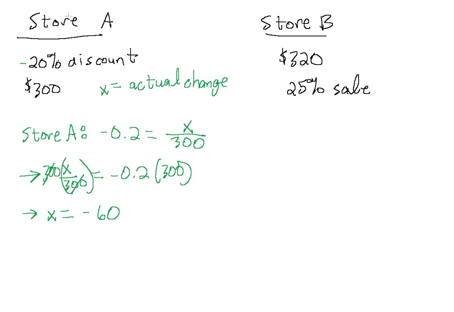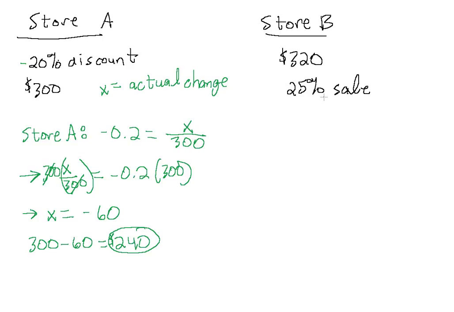Okay, so the actual change in price for store A, it went down $60. So to find the final price, we subtract that 60 from the original price. If it went down $60, we take $60 off the original price, and that gives us $240. So this particular computer sells at store A. It's on sale for $240.